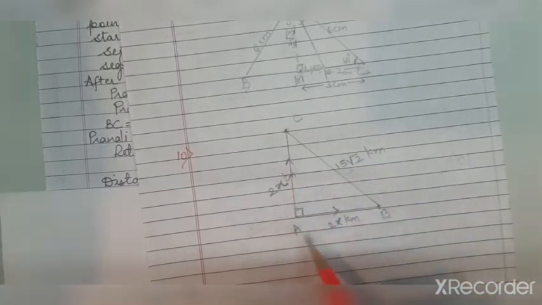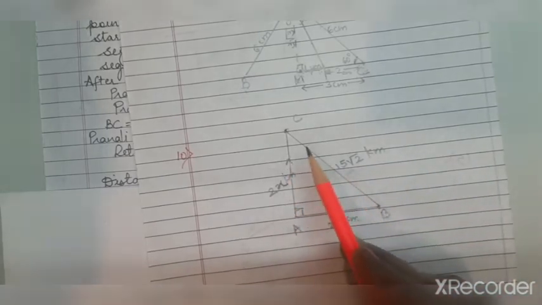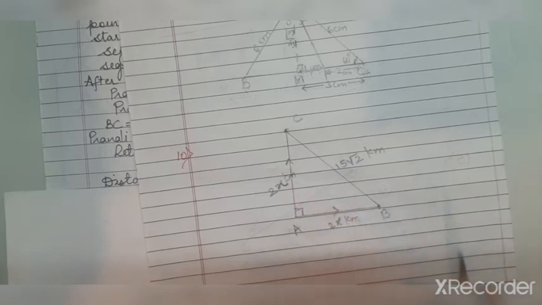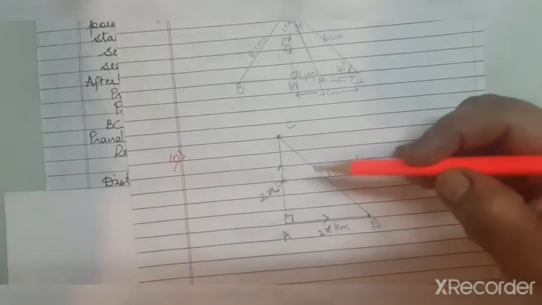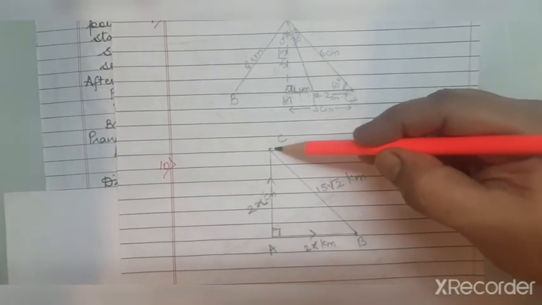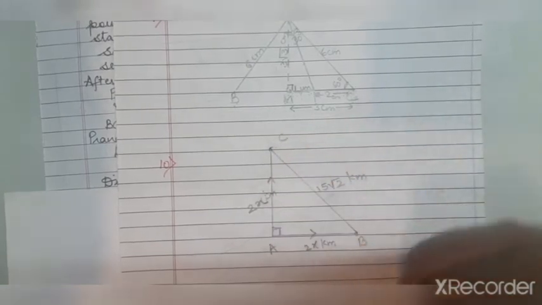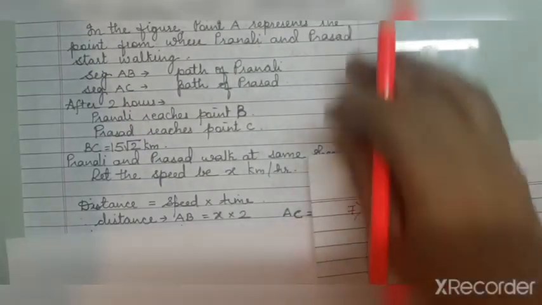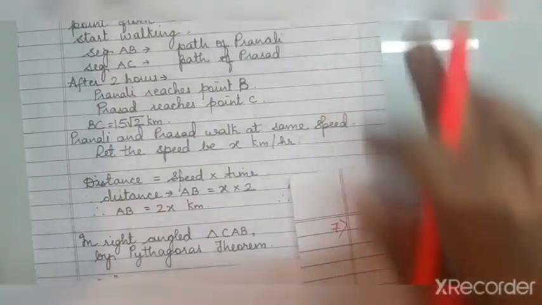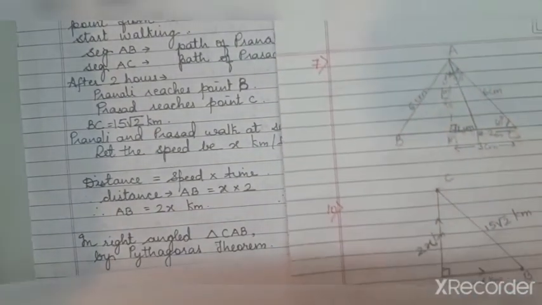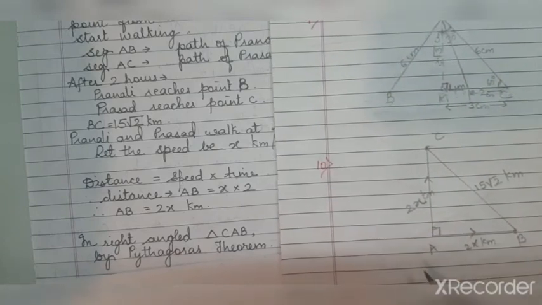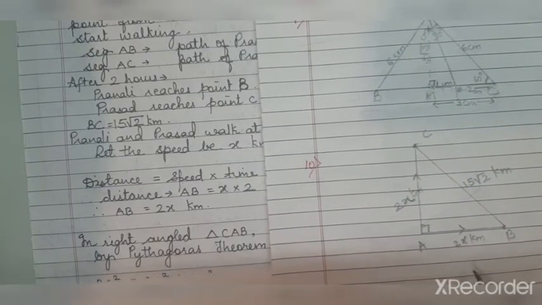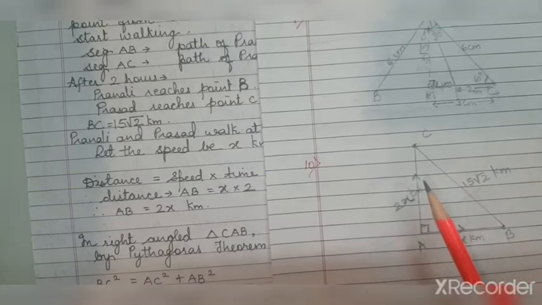Now if you see, this is a right angle triangle, correct? And therefore we can use Pythagoras theorem. How will we use it here? BC square is equal to AC square plus AB square. Further, in right angle triangle CAB, you can even see the figure here, by Pythagoras theorem, BC square is equal to AC square plus AB square.